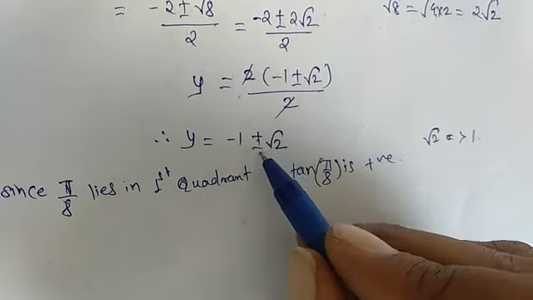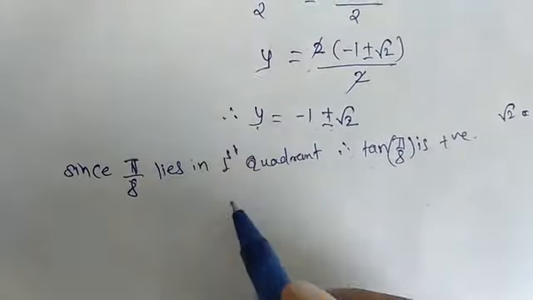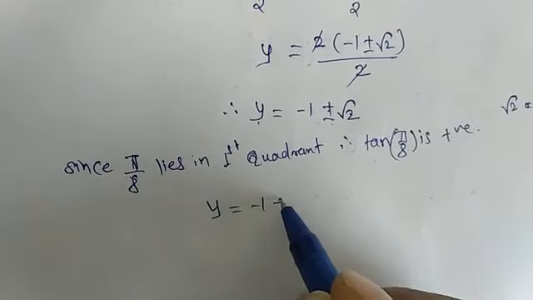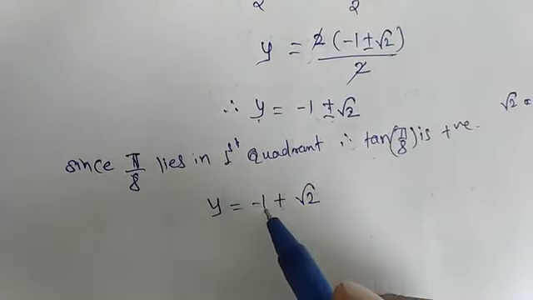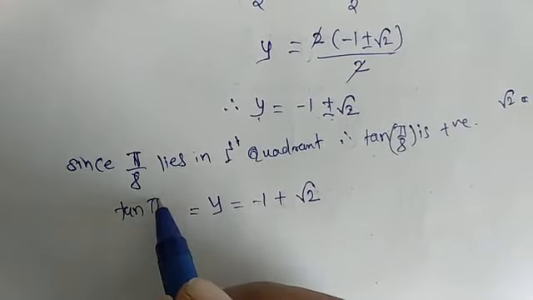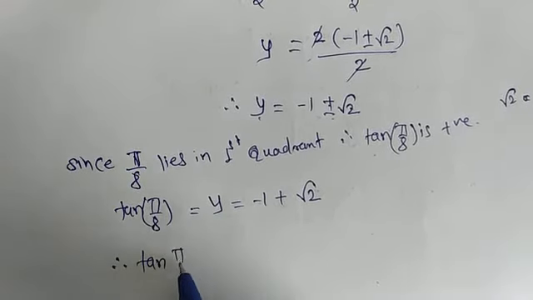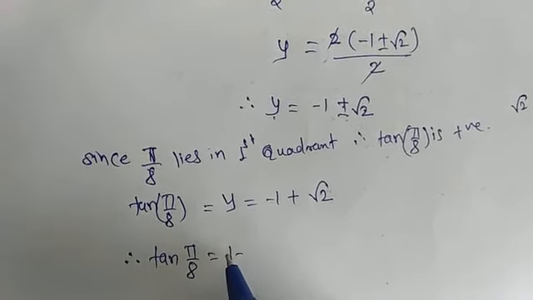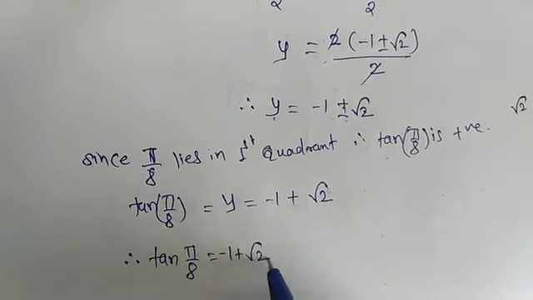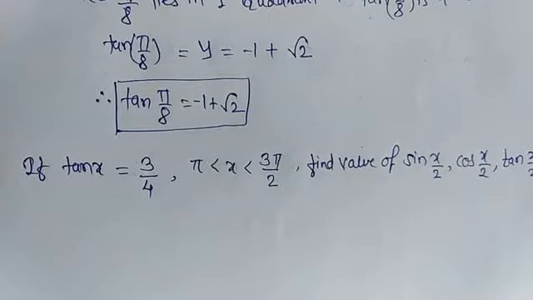If we take minus root 2, y will be negative. So taking y is equal to minus 1 plus root 2, and y is equal to tan of pi by 8, we can write tan pi by 8 is equal to root 2 minus 1, which is our required solution. Okay, now consider the next example.